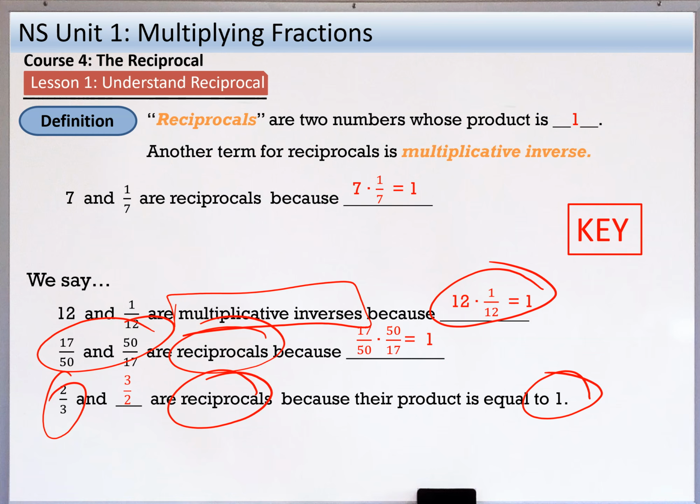interchangeably. And I think I mentioned this before. There will be times when someone will mention keep, change, flip. Again, we're multiplying by the reciprocal of the divisor. I'm sorry, I got ahead of myself. That's dividing fractions. Forget I said that. We don't flip.